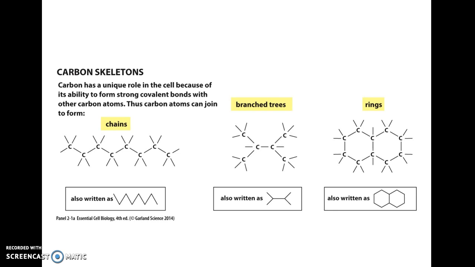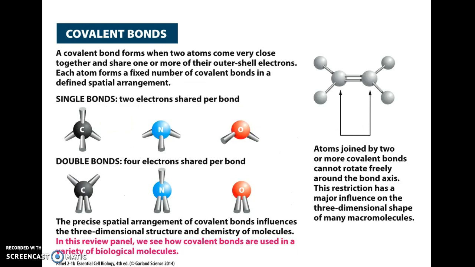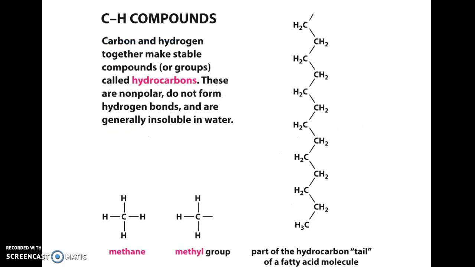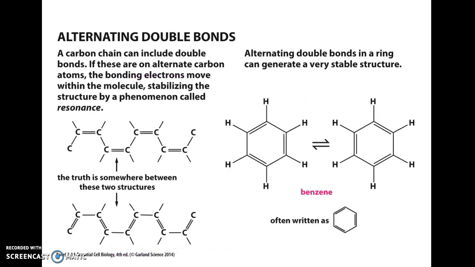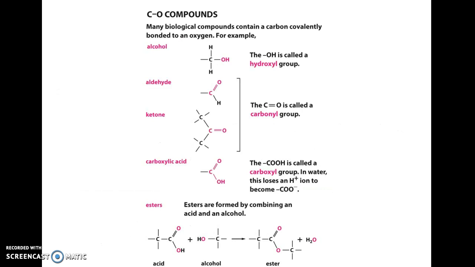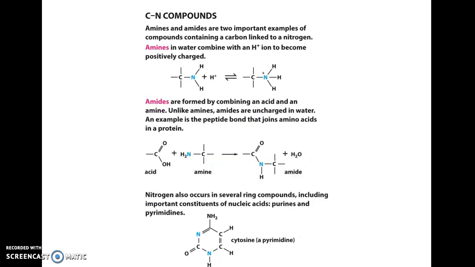And you can also add any of the functional groups. For instance, you could add a hydroxyl group, or you could add an aldehyde or ketone. You could add a carboxylic acid, esters. You can add an amino group.